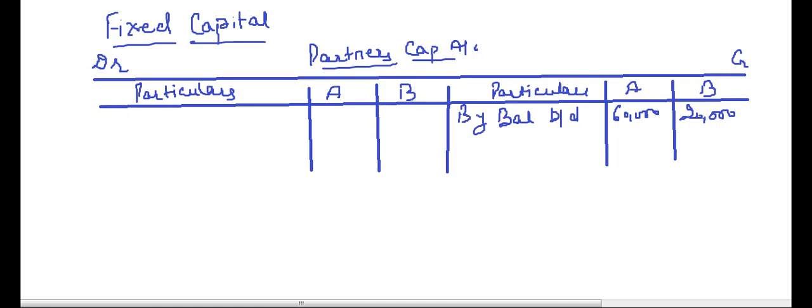Now, under the fixed capital method, the capitals of the partners will not change, and there is no additional capital introduced, or there is no capital that has been withdrawn from the business. So, we will carry forward the same capitals to the next period. I'll say to balance carry forward 60 and 20.